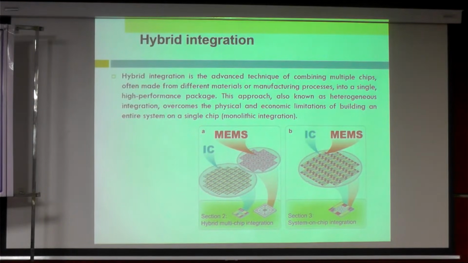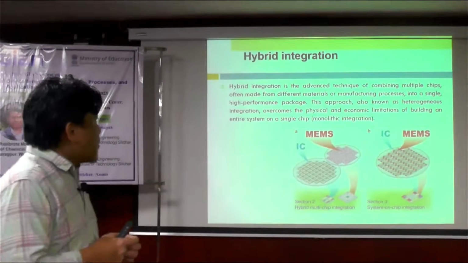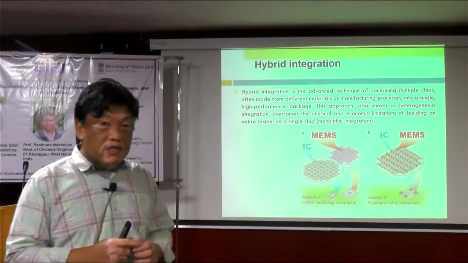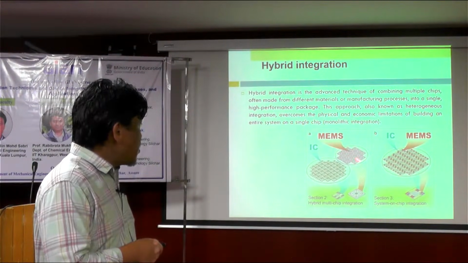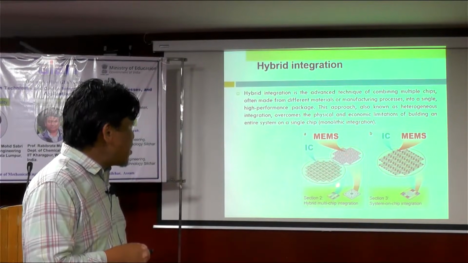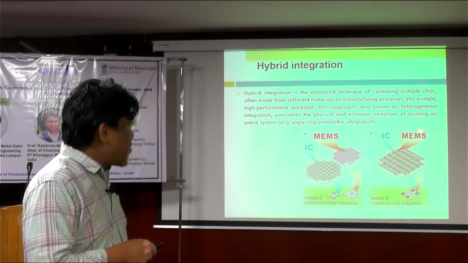Monolithic means if you use just a single wafer, for example, that is monolithic, but heterogeneous is with different types of materials and different types of chips or components you try to integrate. So this is an IC and this is MEMS. Then you try to integrate MEMS and IC together.